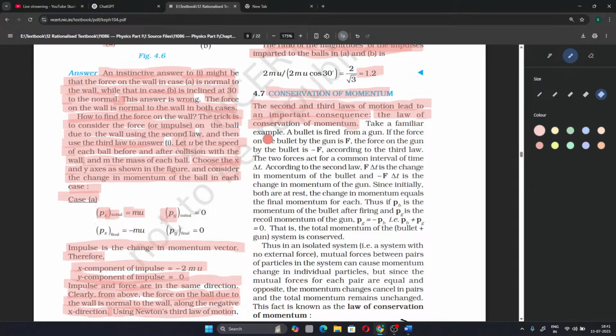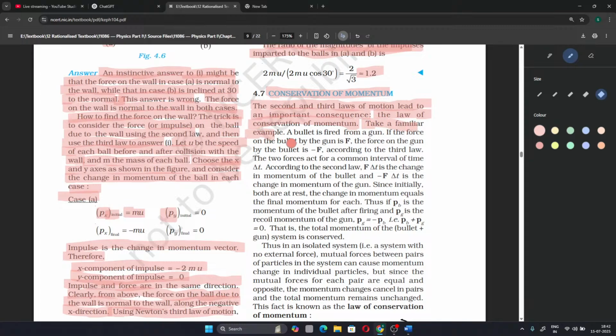This is also better to be remembered. The consequence of the second and third laws is the law of conservation of momentum. Not a theory, but a law.